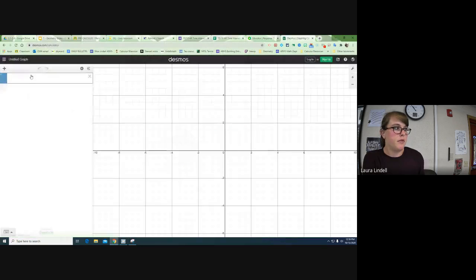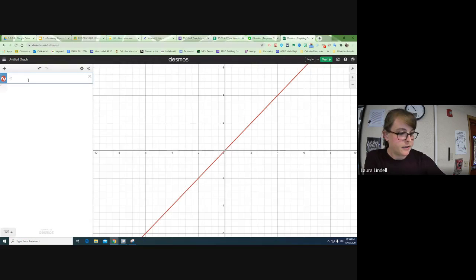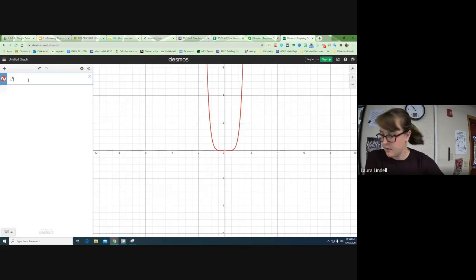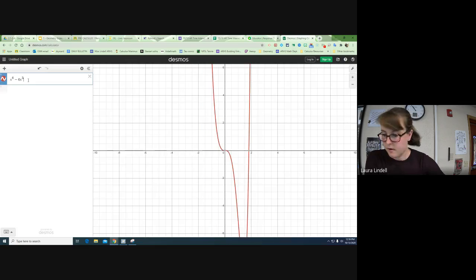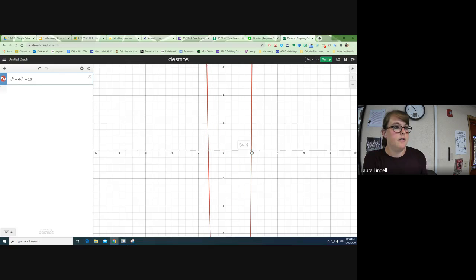So if we're on Desmos and we've got x to the sixth minus 6x to the third minus 16, it shows us 2 zeros here. One at negative 1.26 and one at 2.